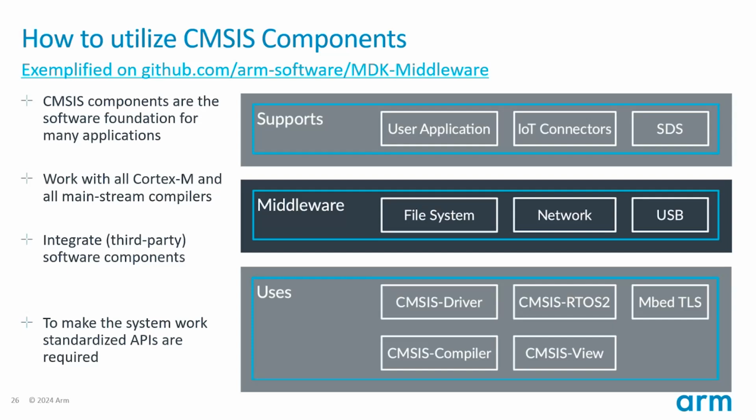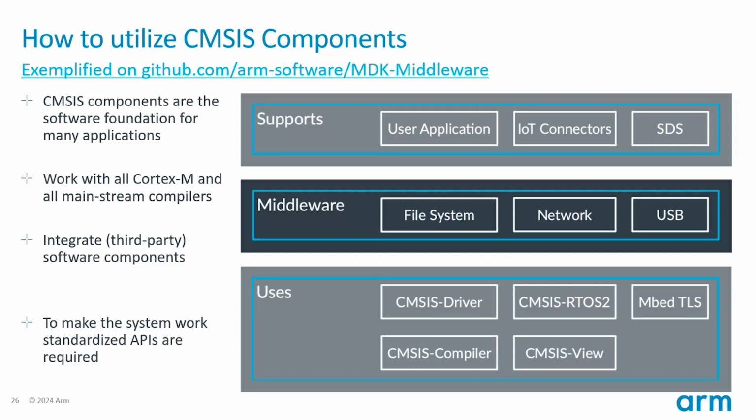Network, for example, is using Mbed TLS if you want to do secure communication, so HTTPS, for example. And on top, of course, things like the user application uses the middleware, and IoT connectors that we have for AWS, for example, is using the networking stack, which is using the Mbed TLS, and so on, and CMSIS drivers for Ethernet connectivity.